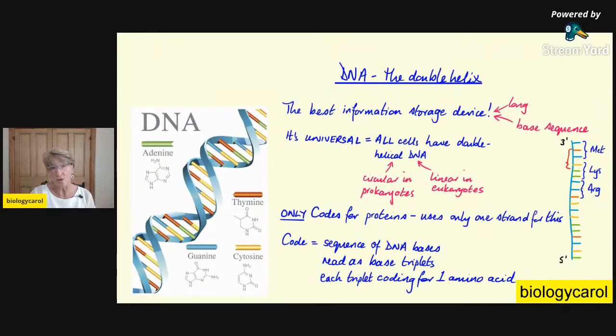It is non-overlapping. And each triplet codes for an amino acid. In this case, it's methionine, lysine, arginine, cysteine, glutamine, and phenylalanine. Again, you don't need to know those names, but I'm just indicating these are different amino acids.